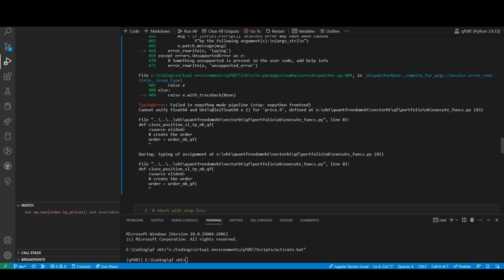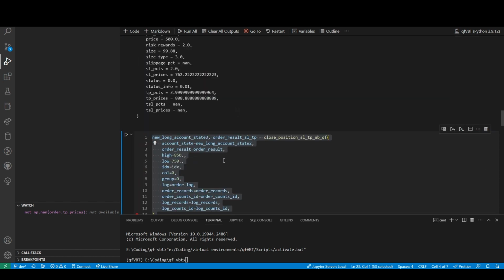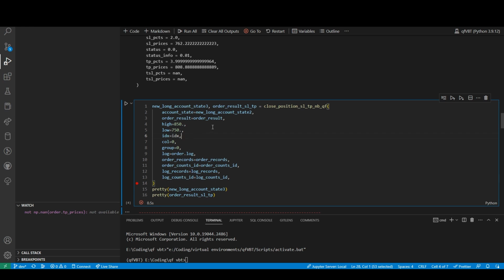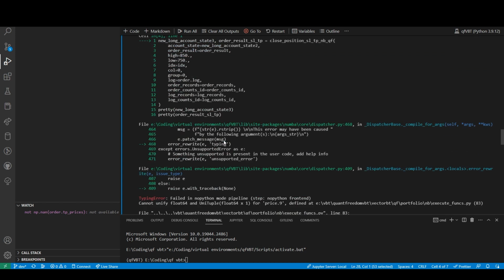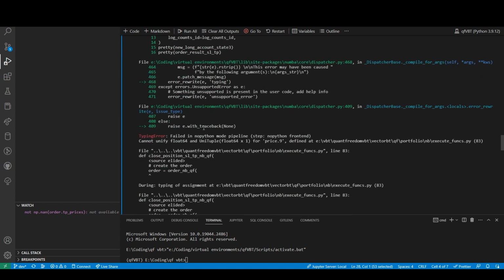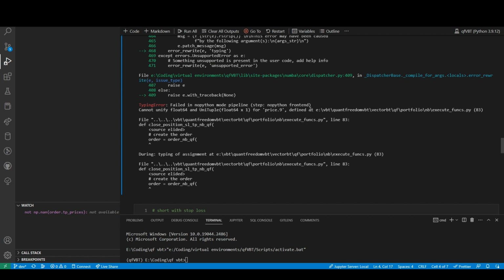Cannot unify float64, float for price 9. What did I do last time? I think here... Wait, what happened last time? At 83? Line 83.